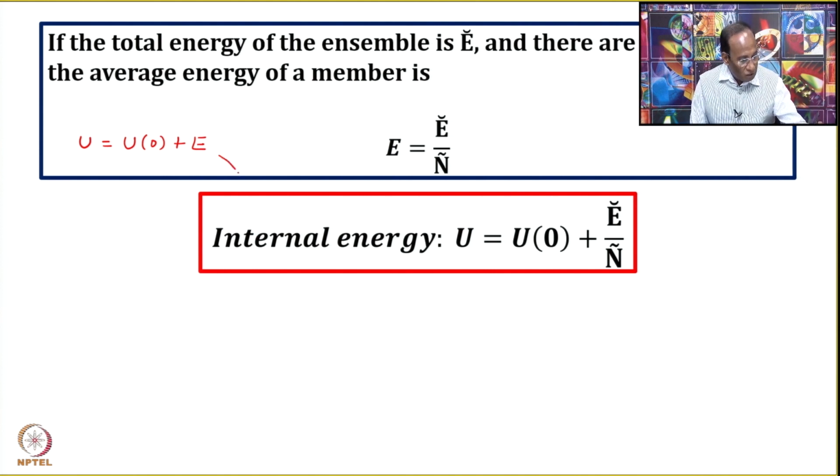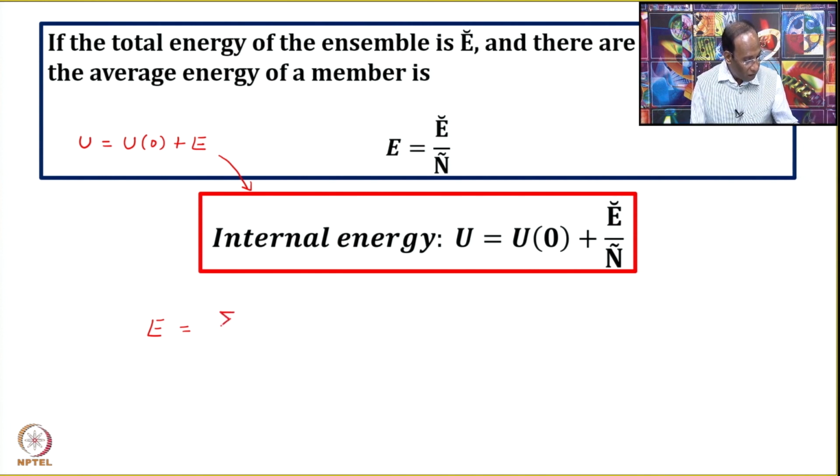And this equation is rewritten now in this form. U is equal to U0 plus the total energy of the ensemble and the total number of members in the ensemble. What is this? E is equal to the total energy of the entire ensemble.